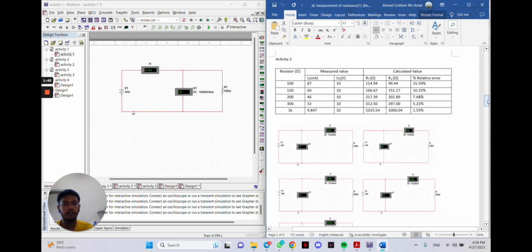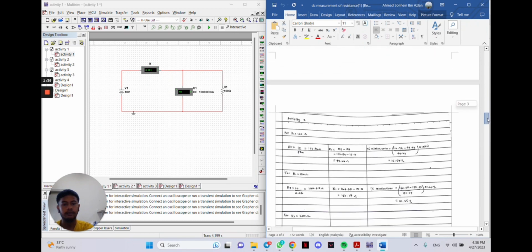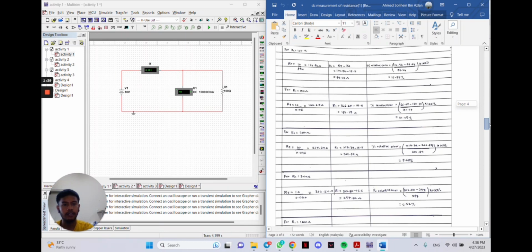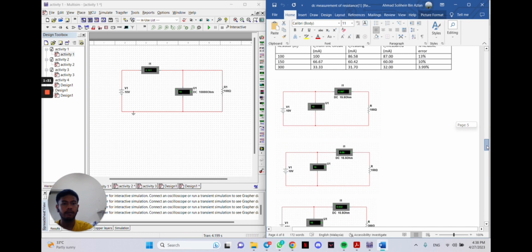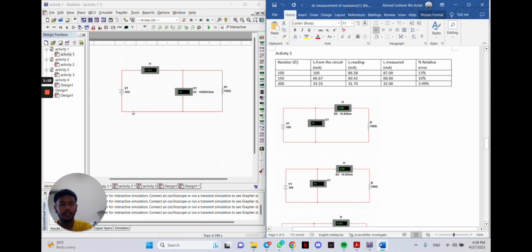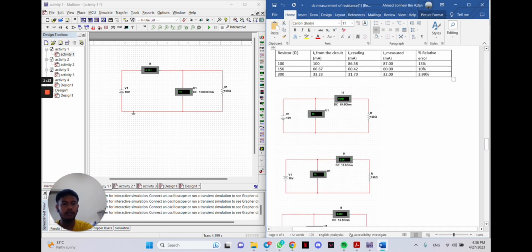This is the result for measured value and calculated value for activity 2, and the calculation for activity 2 to find RT, R1 and also percentage of the relative error. Same goes with activity 1. And then for activity 3, the value for I1 from the circuit using the formula given, I1 reading, I1 measured, and percentage of relative error.